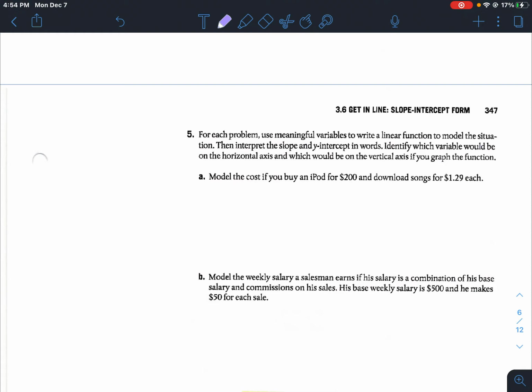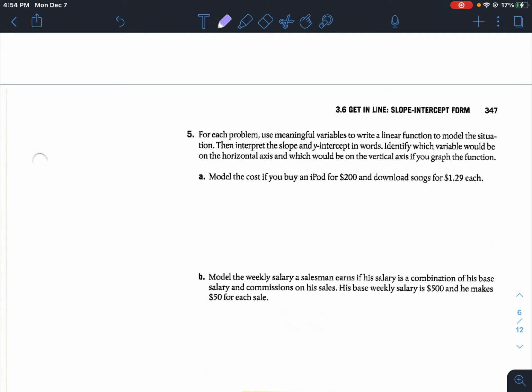Then you'll interpret the slope and the y-intercept in words, relating it to the problem itself, and then identify which variable would be on the horizontal axis and which would be on the vertical axis if you were to graph the function. So horizontal would be your x-axis, vertical would be your y-axis. So that's all we're doing.